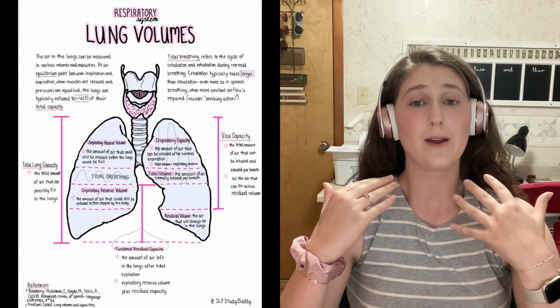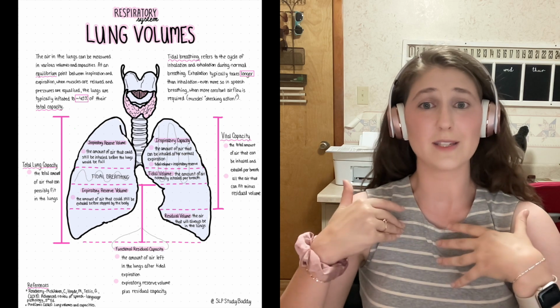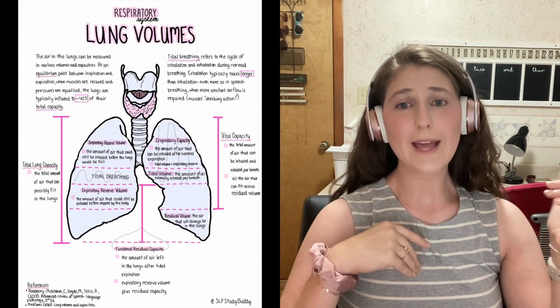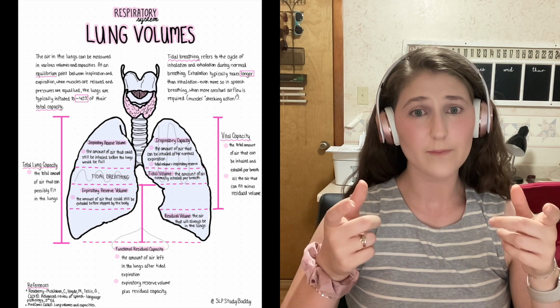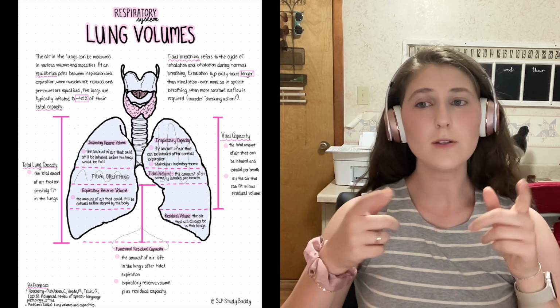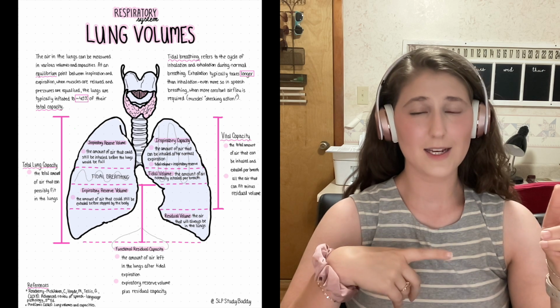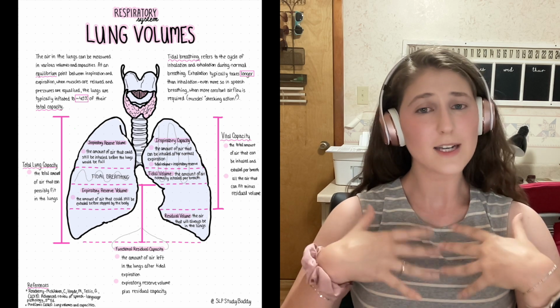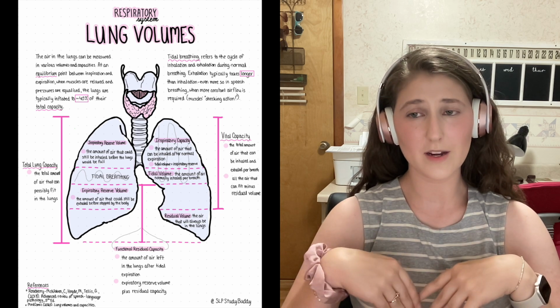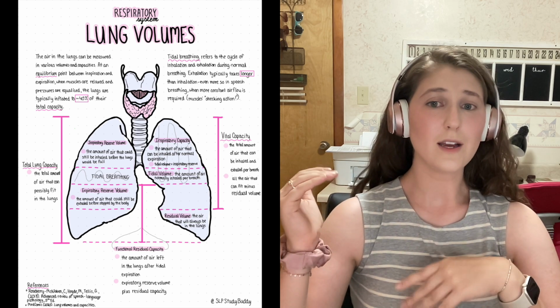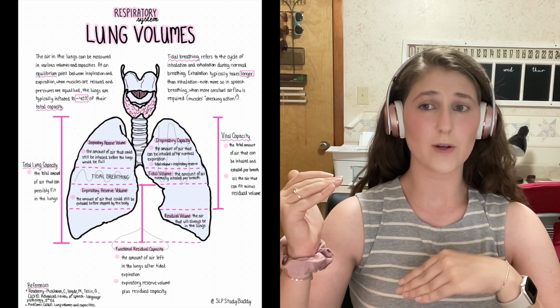You can get way up there with as much air as you can possibly take in. When we add the tidal volume and the inspiratory reserve volume together, we end up getting the total inspiratory capacity. So that's all the air that you could possibly breathe in after you exhale.